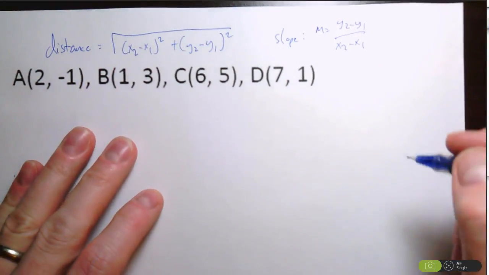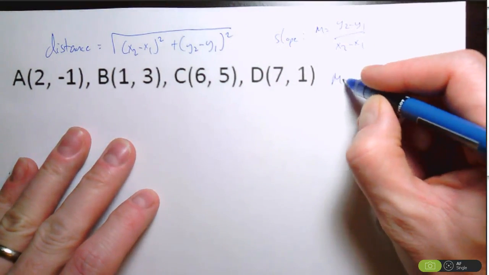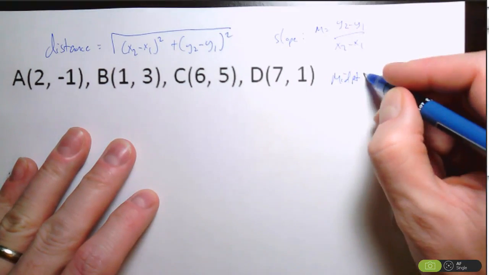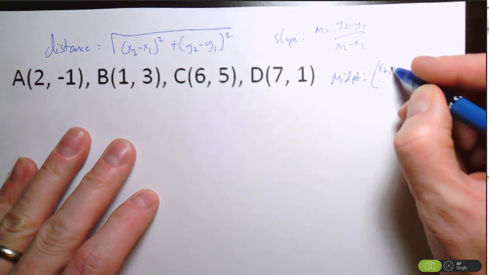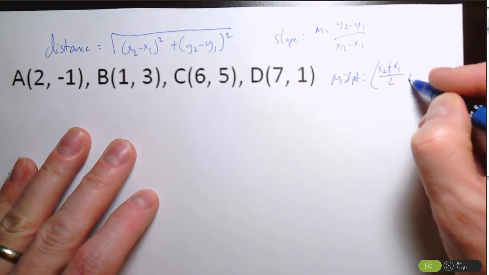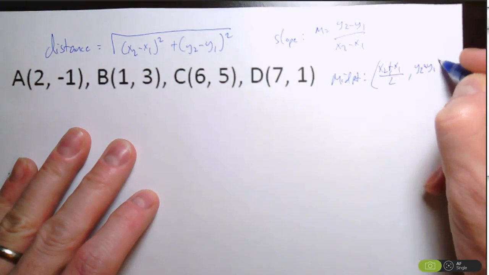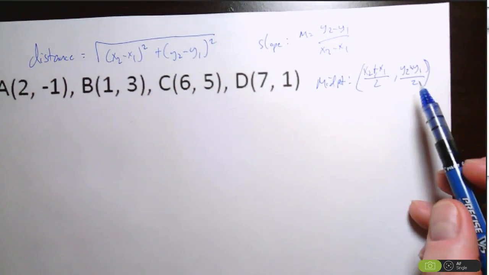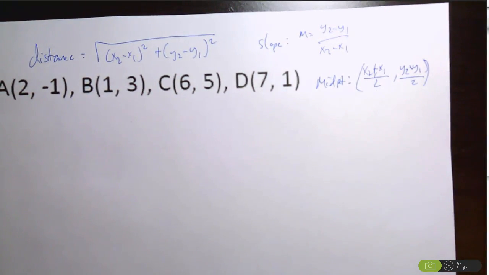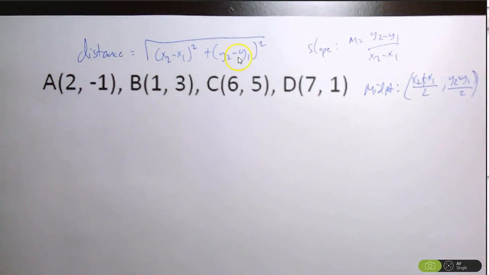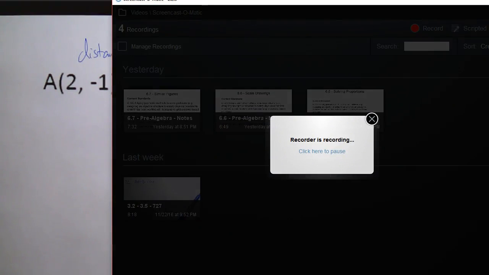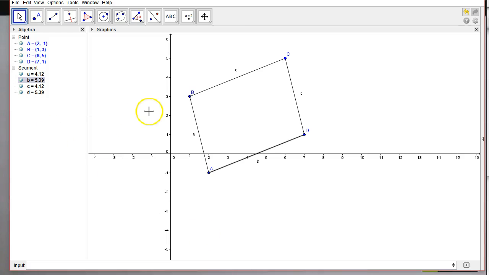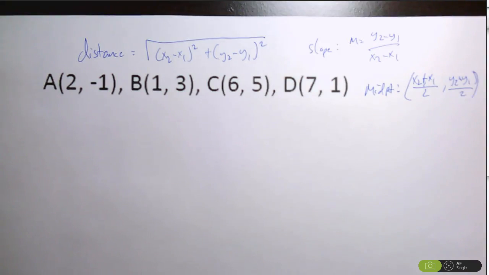And we'll also use, believe it or not, midpoint, which is x2 plus x1 over 2 and y2 plus y1 over 2. Now, if I go back to the drawing of this from the computer, whoops, wrong button. AB and CD are at opposite sides. So that's what we're going to do real quick. We'll just do distance formula.